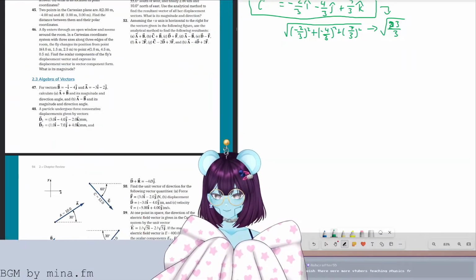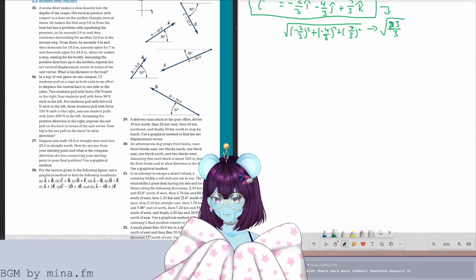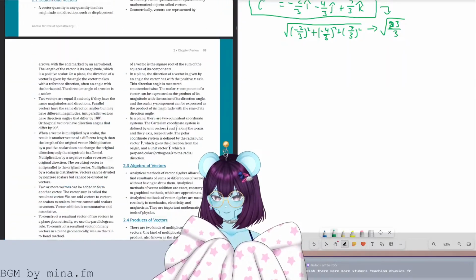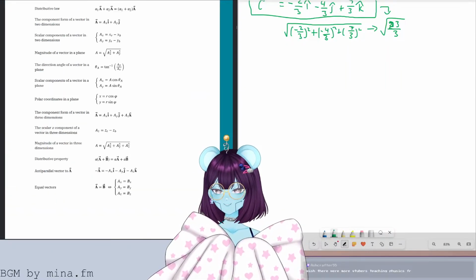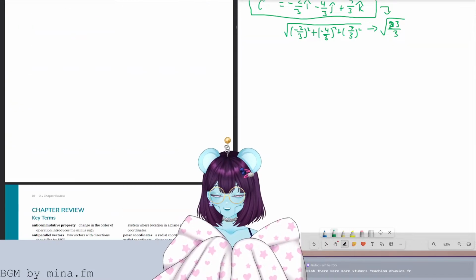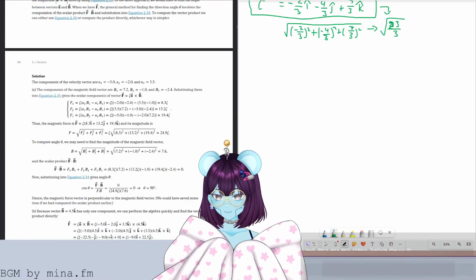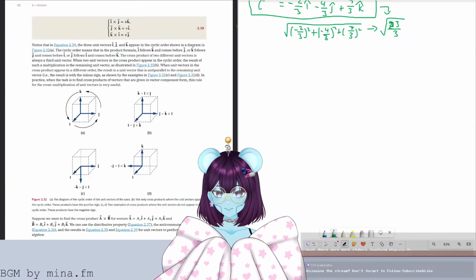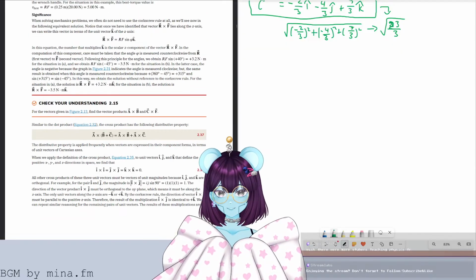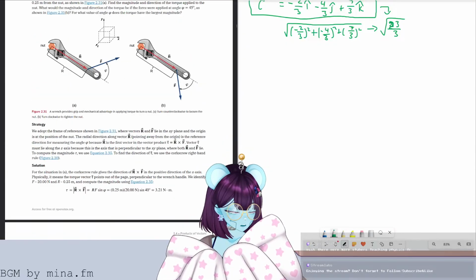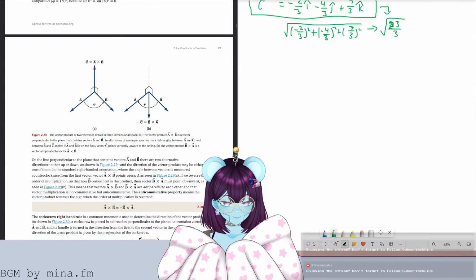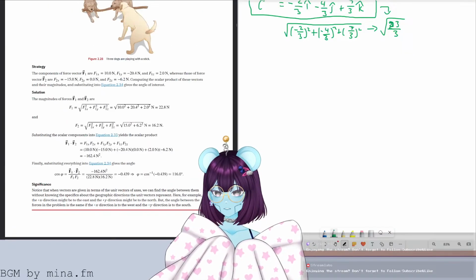Let me scroll up. This book is actually, I think, a great resource if you want to relearn physics, and it's open source, so it's completely free. It should be pinned or in the description, depending on where you are watching.